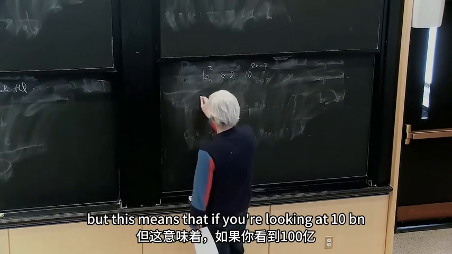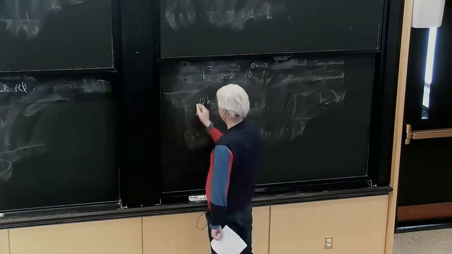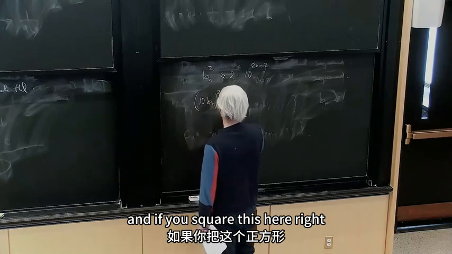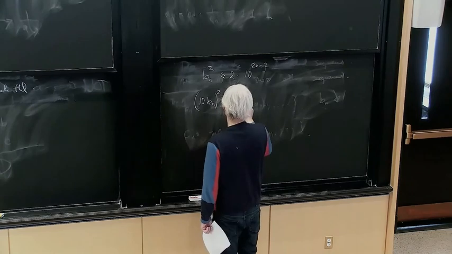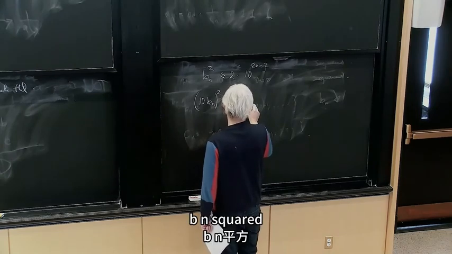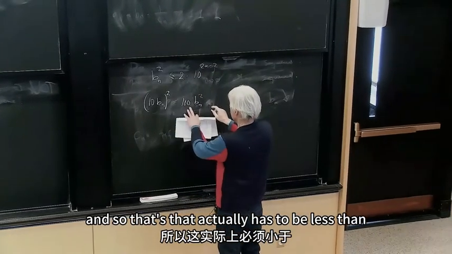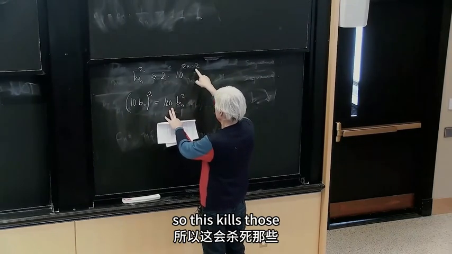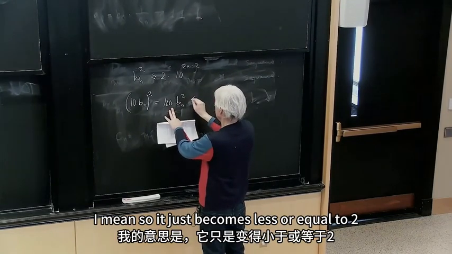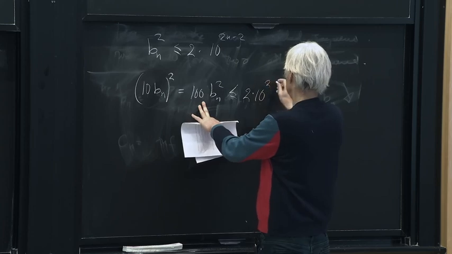But this means that if you're looking at 10 Bn, that's still an integer. And if you square this, then this is the same as 100 times Bn squared. And so that actually has to be less than 100 times this. So this kills those, so it just becomes less or equal to 2 times 10 to the 2n.